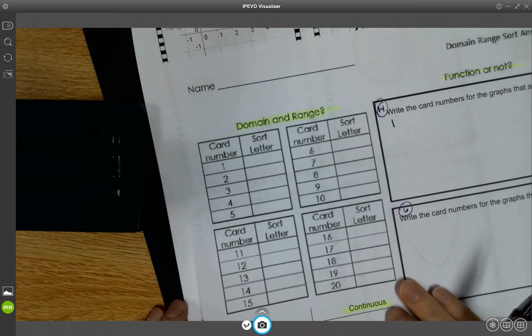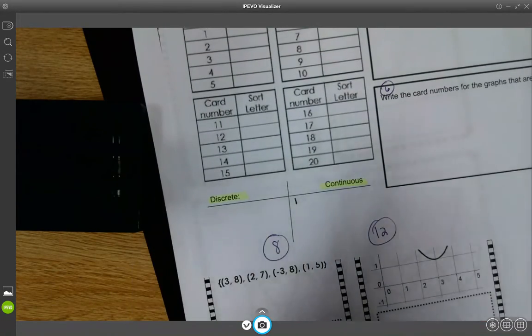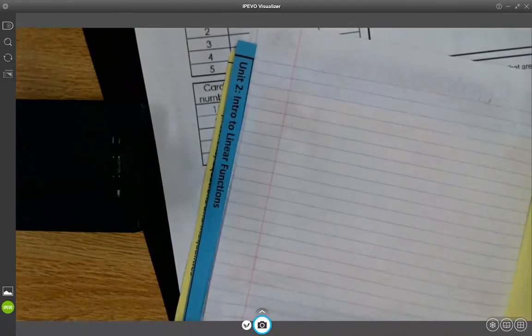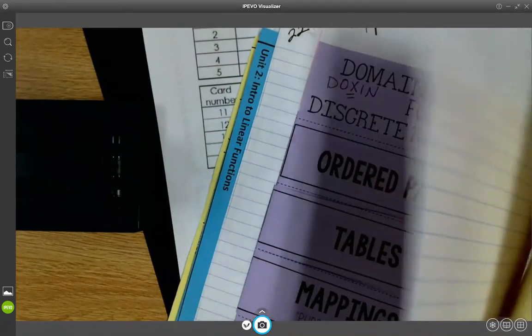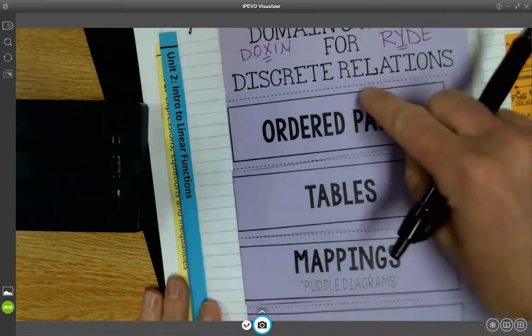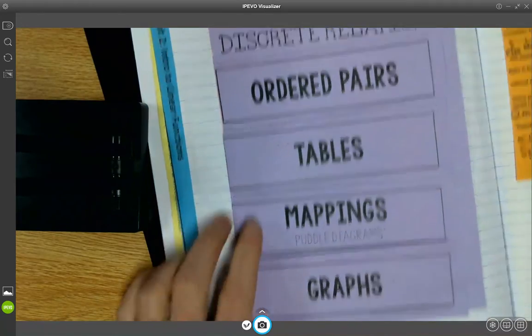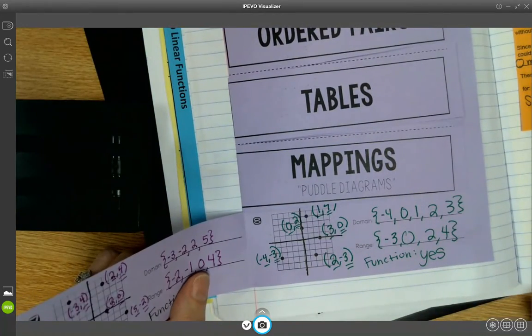Okay, the next thing is knowing discrete and continuous. So I talked about discrete and continuous, but I am going to show you. For discrete, it's written as an ordered pair, as a table, as a mapping, or a scatter plot.